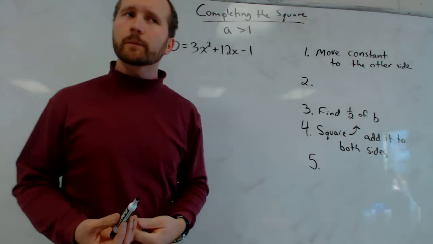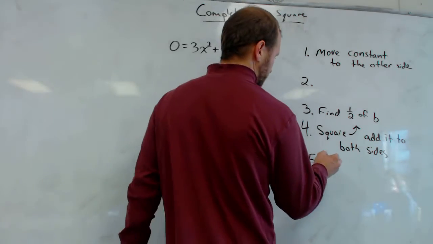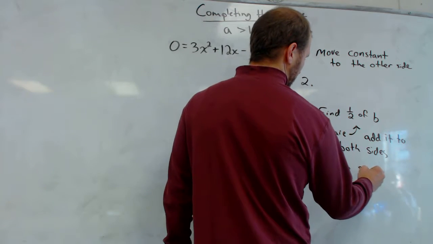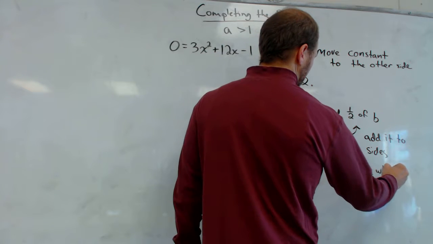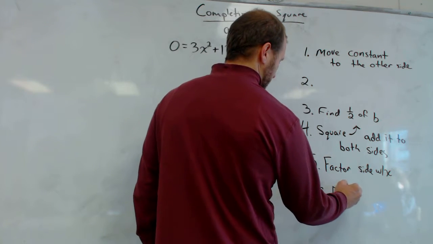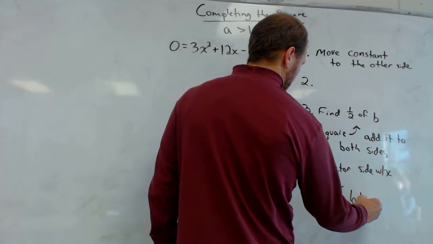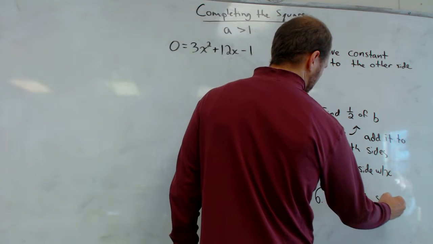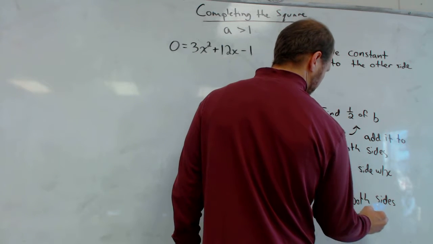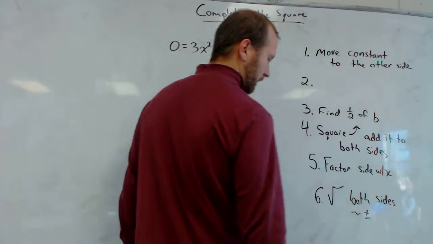You factor the side with x and then you square root both sides. Okay, factor the side with x, square root both sides. What do we have to remember when we do this? Add plus or minus. Right, plus or minus.